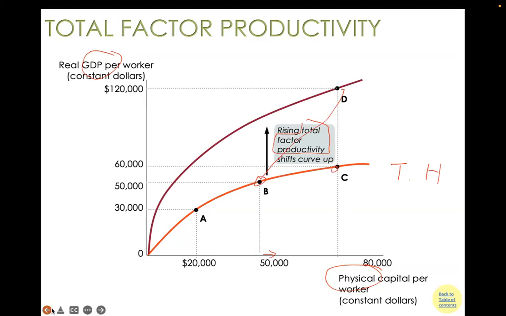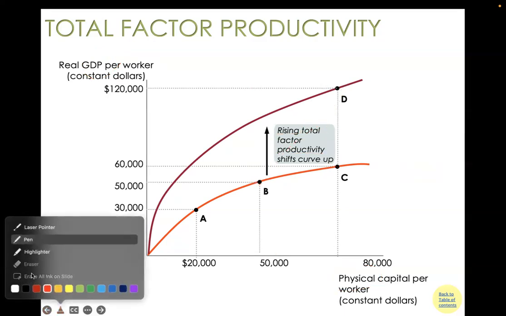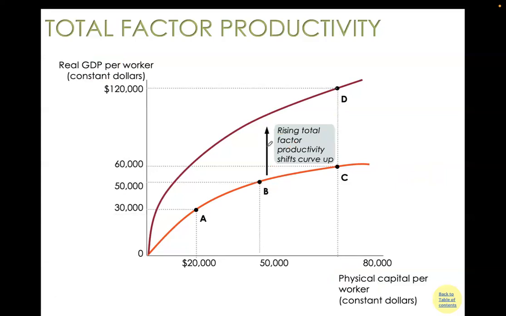So I'll erase here and highlight. Just consider the following scenario. First, you move from A to B. Now in the next step, you move from B to D. It should be very straightforward to see.